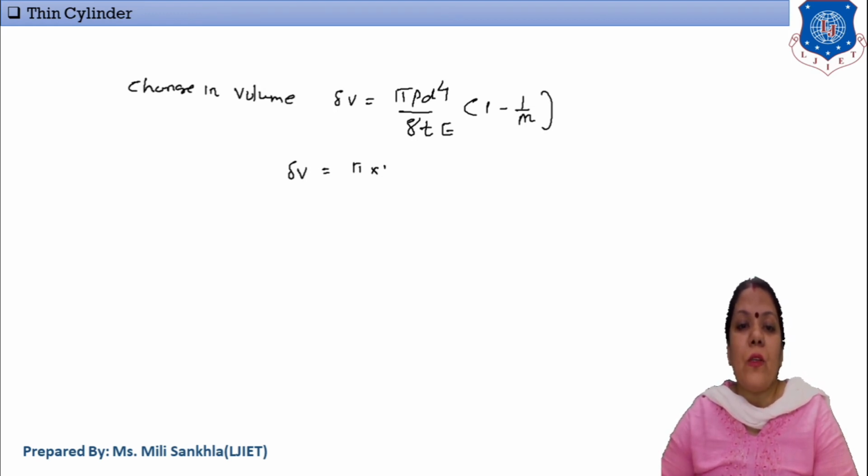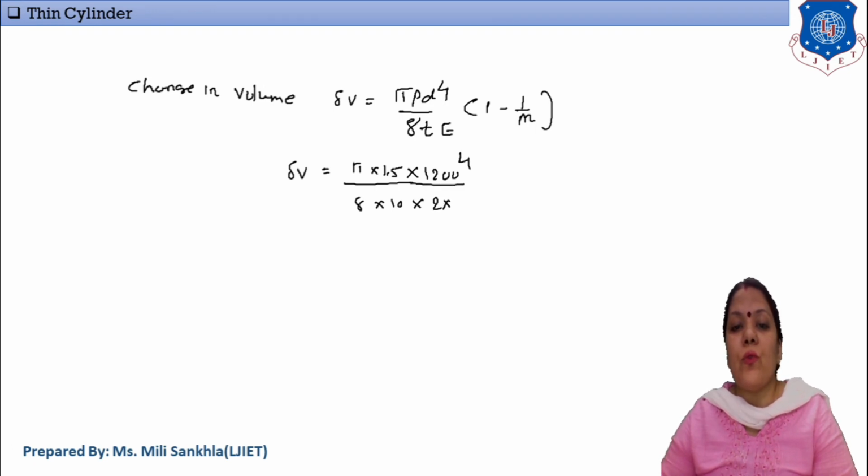Here our value of P is equal to 1.5, T is equal to 8, diameter is equal to 1200 raised to 4, and Young's modulus is equal to 2 into 10 raised to 5, into (1 minus 0.3).